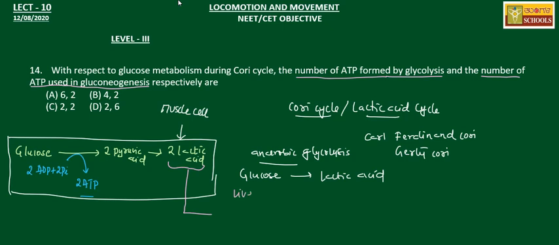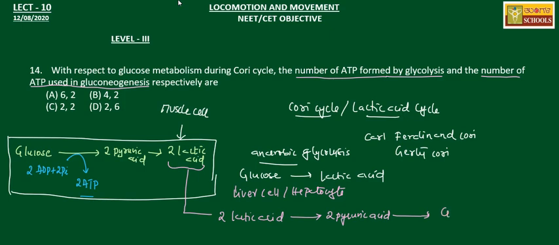Now let's see in the liver cell, or hepatocyte. Here these two molecules of lactic acid will get converted back to two molecules of pyruvic acid, and this will finally get converted to a molecule of glucose.